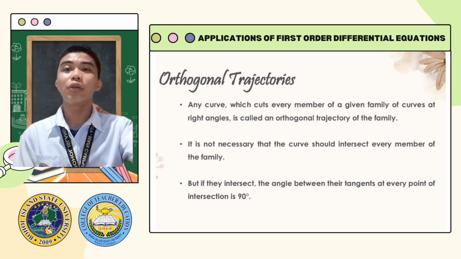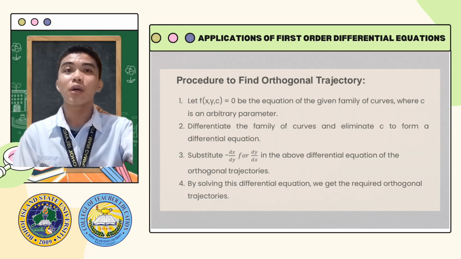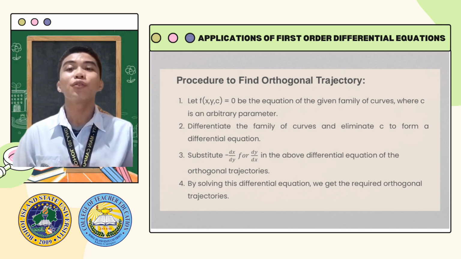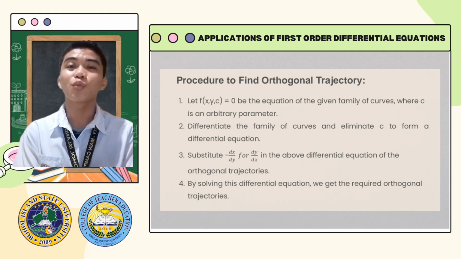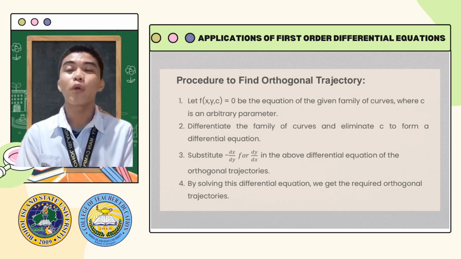I have here four steps or four procedures to find the orthogonal trajectory. The first step is let f of x, y, c equals 0 be the equation of the given family of curves, where c is an arbitrary parameter or an arbitrary constant.